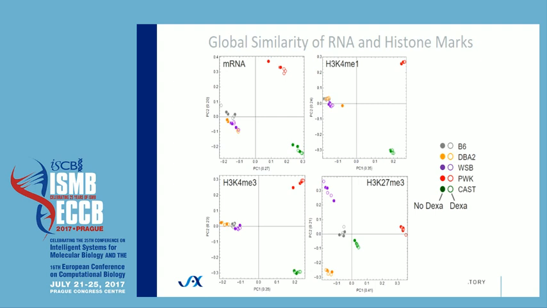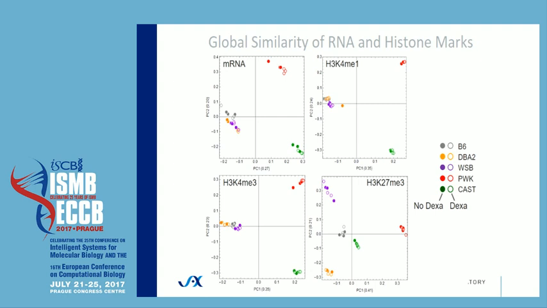So you can see everything is separating in the first 2 principal components by strain, and you're getting a group of strains here, another strain here, and another here, and this is really just mouse phylogeny. So these are all Mus musculus domesticus substrains. This is a Castaneus substrain, and this is a Mus musculus musculus substrain. Okay, so that separation is to be expected, and we see essentially the exact same separation in K4 monomethylation and trimethylation.